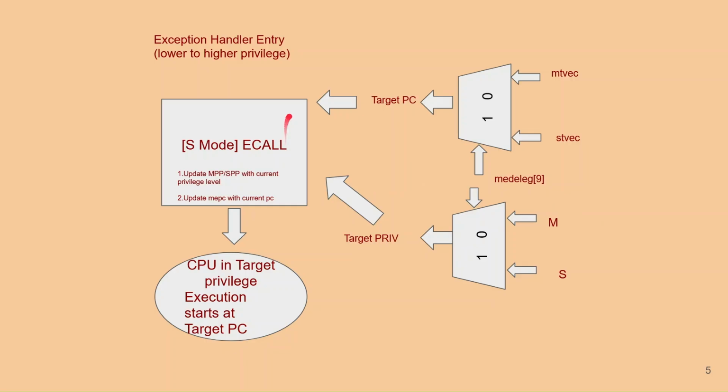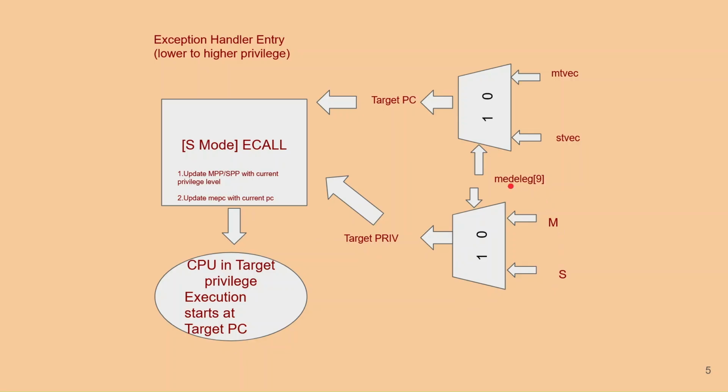This diagram captures the processor actions on an interrupt or exception. When a program running in supervisor mode executes an eCall instruction, the processor begins its standard trap entry sequence. The first question the hardware answers is who should handle this exception, supervisor mode or machine mode.